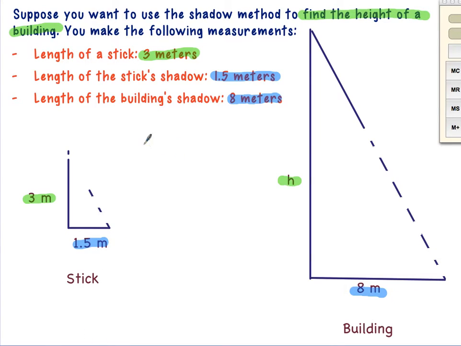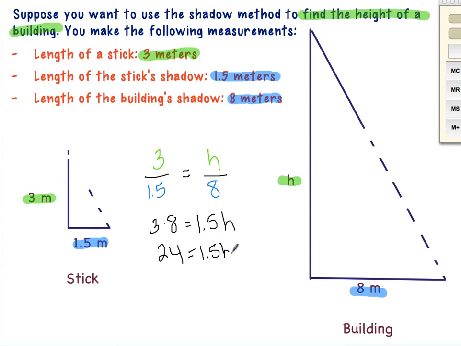And then again, the setup is the same. So we have 3 and H, and those have to be proportional with the shadow and the other shadow. And now I use cross multiplication. I get 3 times 8 is equal to 1.5 H. So I get 24 is equal to 1.5 times H. Divide by 1.5, divide by 1.5.